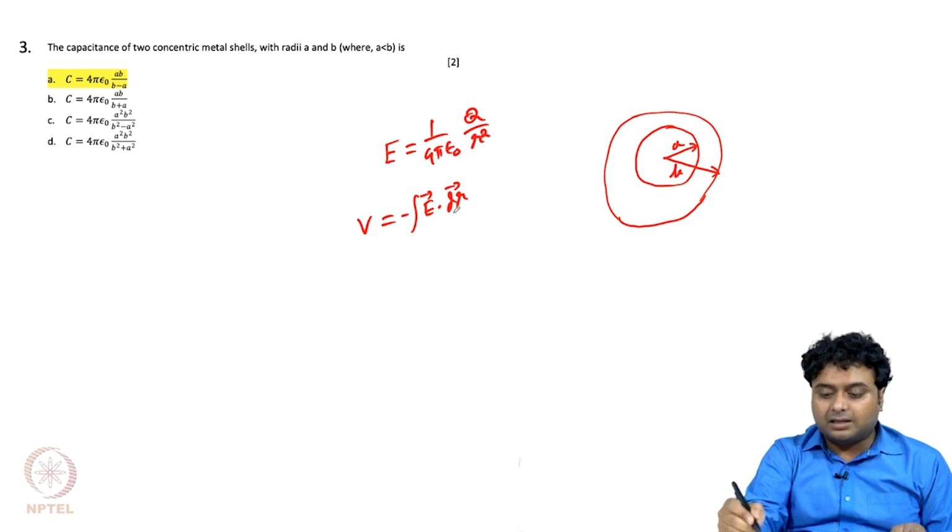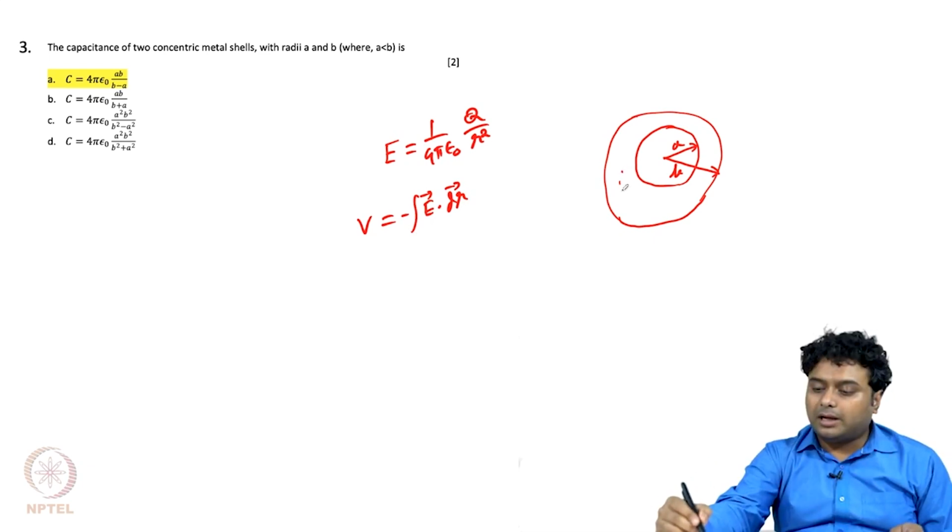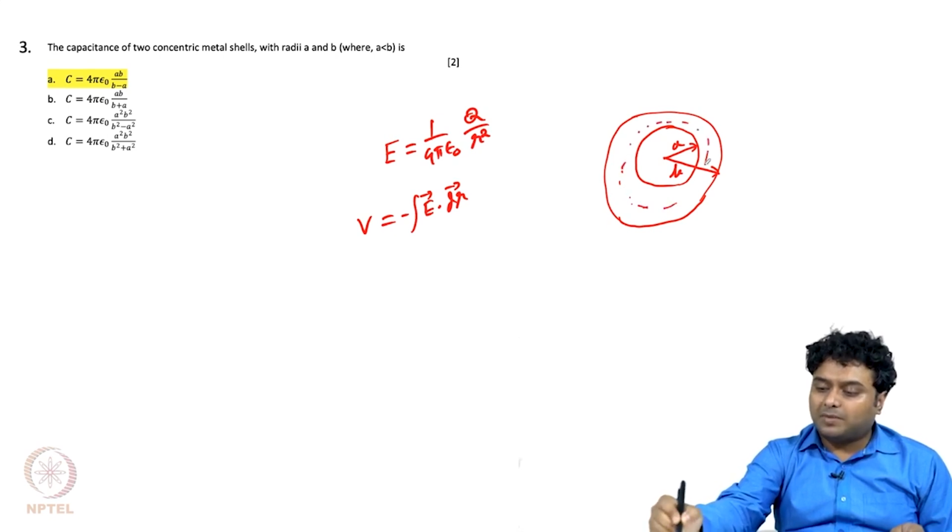Now I know that in between, at any place, the electric field is given by this formula. Let us say this is the radius r.